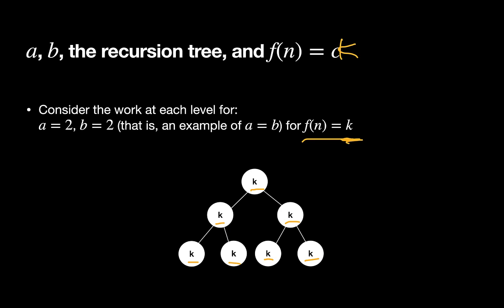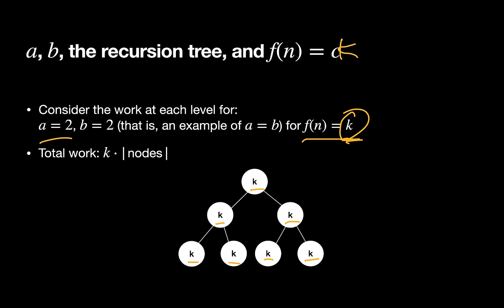It's a constant function. Our branching factor is 2. So the total amount of work being done here is really that constant k times the number of nodes in the tree. We'll come back to this in a minute, but basically this is one of the 3 cases handled by the 3 different cases in the Master Theorem.